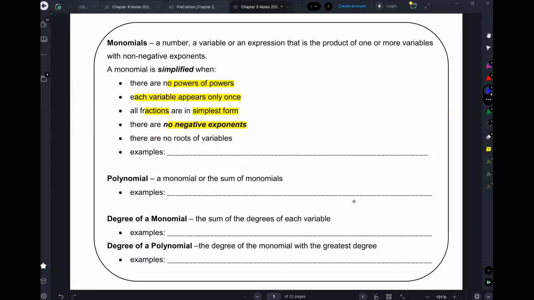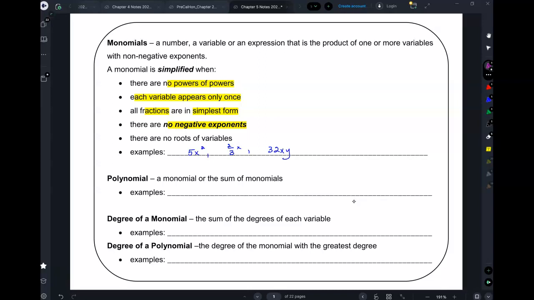Some examples of monomials are, let's say, 5x squared, 2/3 x, 32xy, whatever, okay? A polynomial is basically a sum of monomials, right?